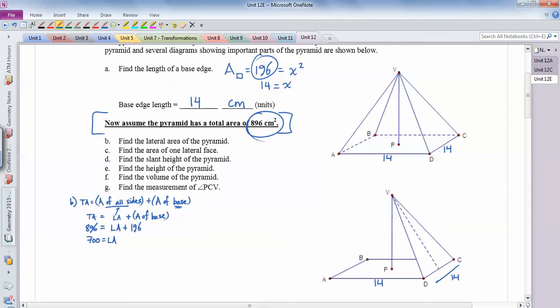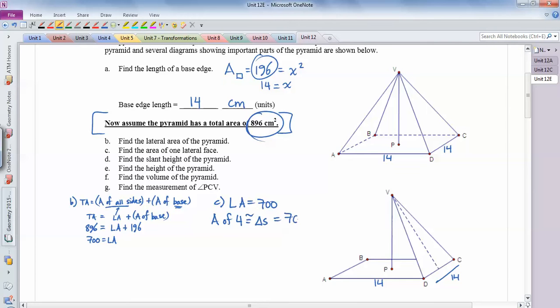And since it's a square, all the sides are the same, 14, 14, 14, 14. So all of these triangles are going to have the same height, or same area. So for C, I got 4 triangles. The lateral area was 700, which is really the area of 4 congruent triangles.